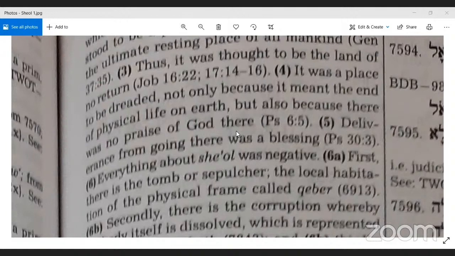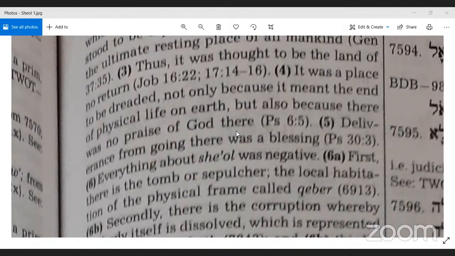Well, I mean, that's one way to look at it. But they're talking about Sheol was a place to be dreaded. So, in other words, what this is saying is, at the end of physical life, there is no more praise of the Most High.